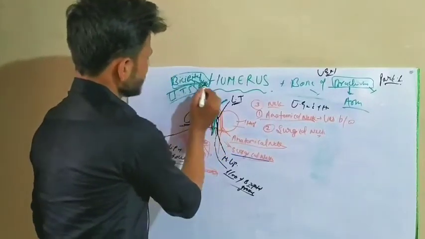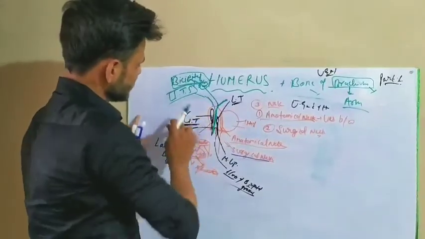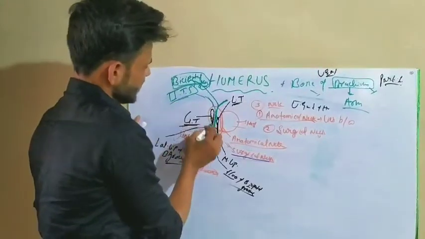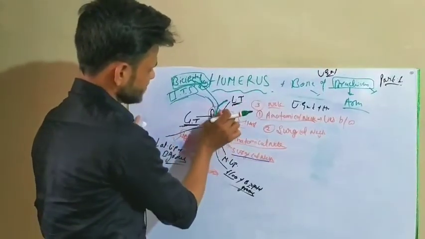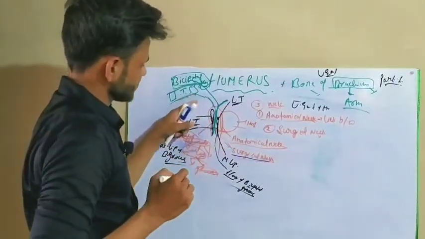It is also called intertubercular sulcus because it is present between two tubercles, and sulcus means a groove-like structure.